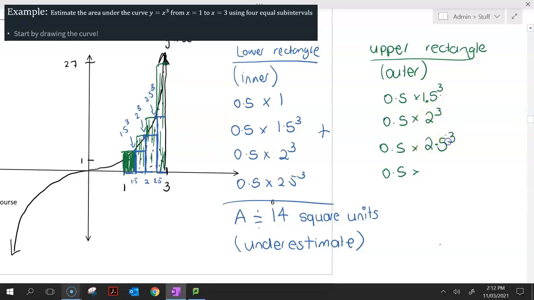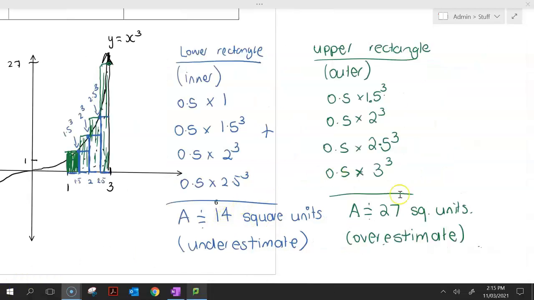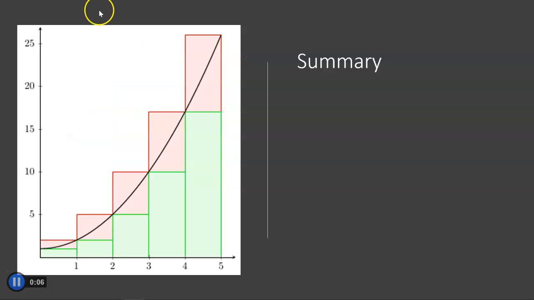Then 2.5 cubed, and then finally the outer value of 3 cubed. We'll add all those up, and you'll see we'll get an overestimate for the area because all the rectangles now are above the curve. So that made 27 square units.